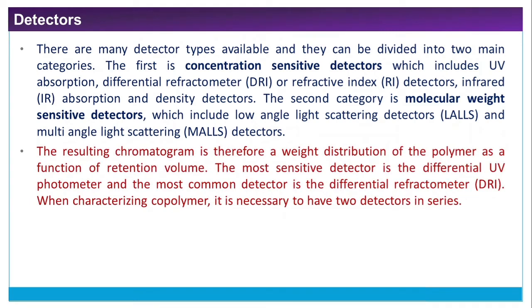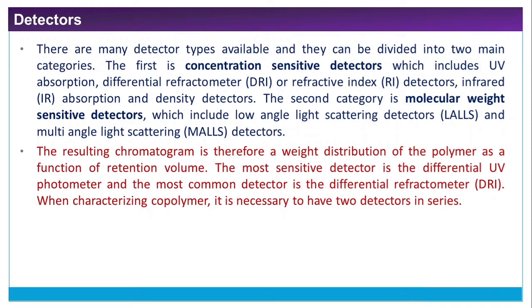The resulting chromatogram is therefore a weight distribution of the polymer as a function of retention volume, and the most sensitive detector is the differential UV photometer, and the most common detector is a differential refractometer, that is DRI. When characterizing a copolymer, it is necessary to have two detectors in series.